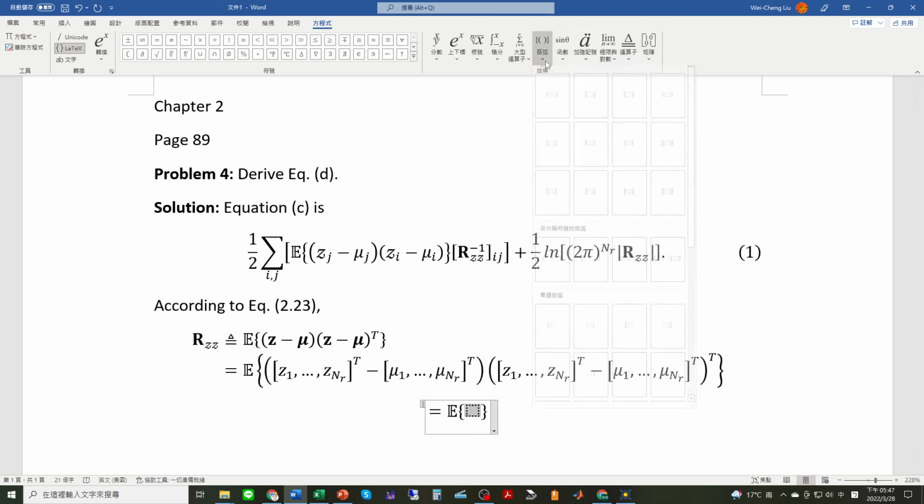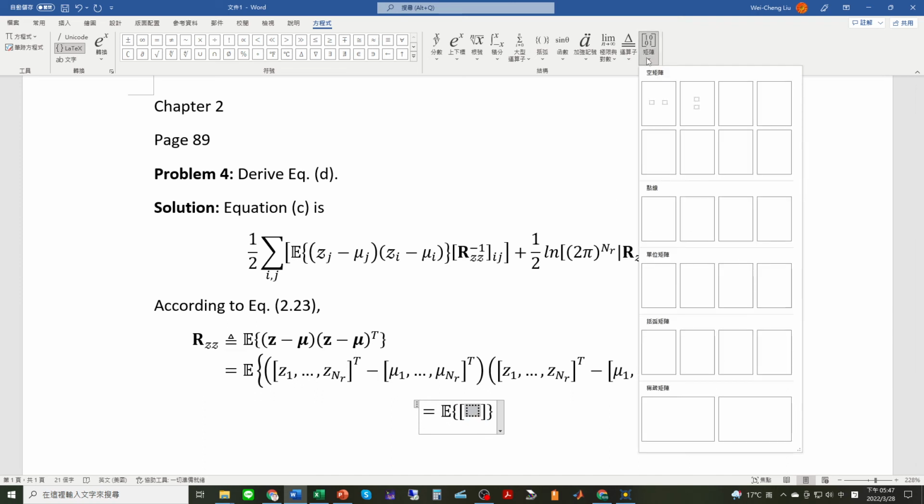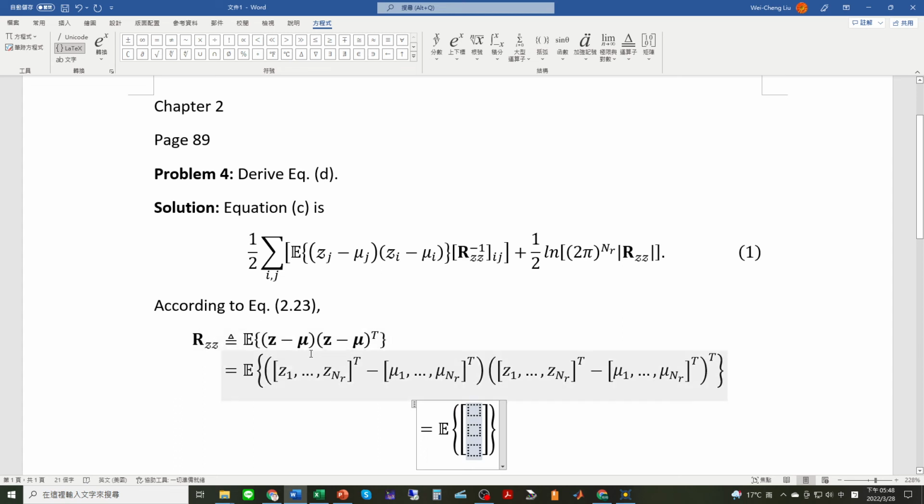So I need a bracket and I need 3 elements here. The first element is z1 minus mu1.